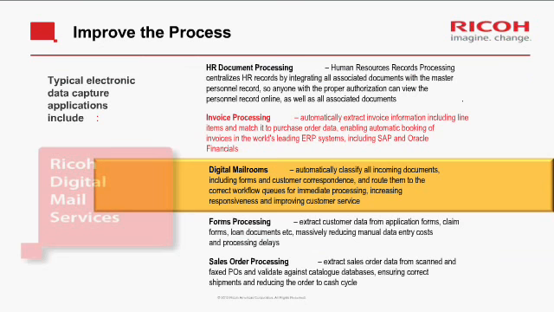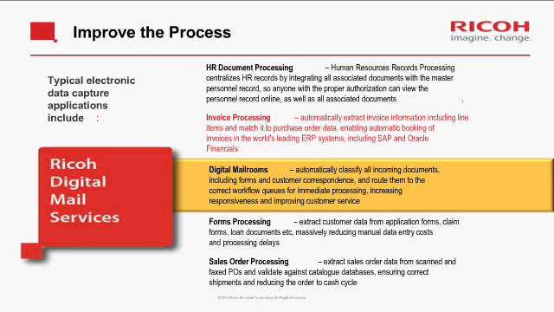So, improving the process. We talked a little about invoice processing, the one highlighted in red. But we work with clients to improve other back office processes like HR document processing, and also front office processes like forms processing or sales order processing.